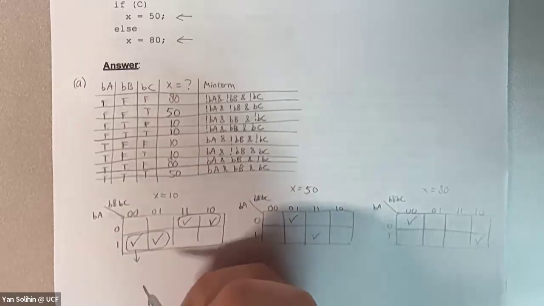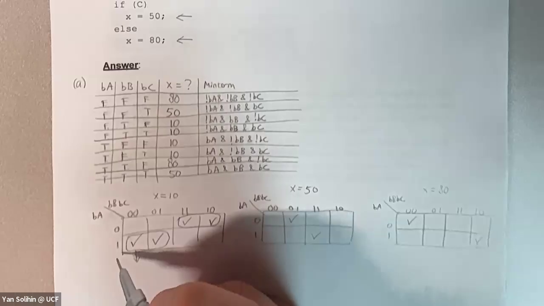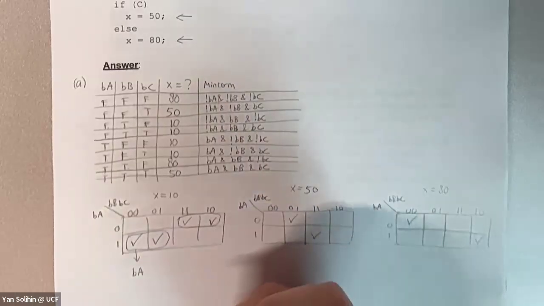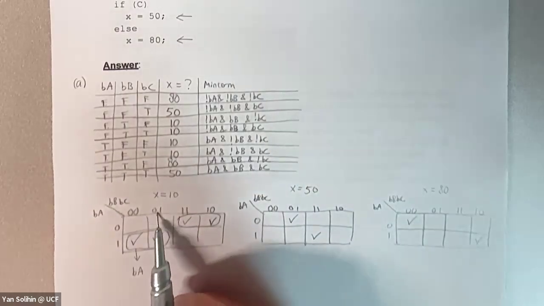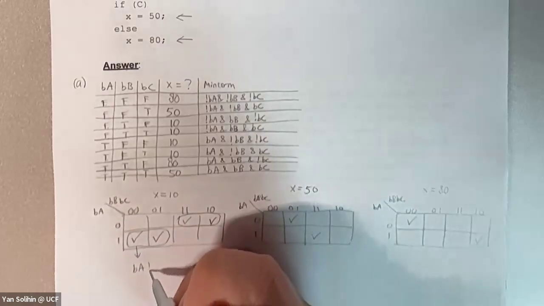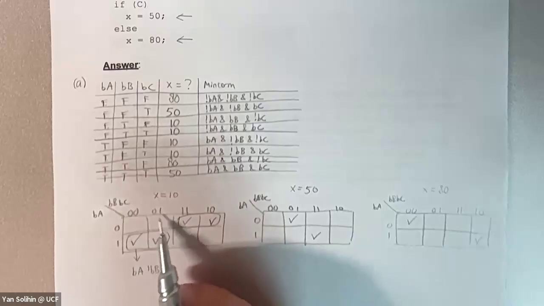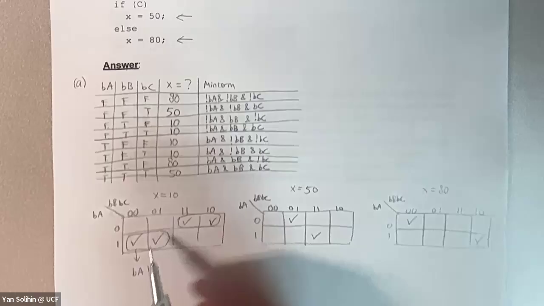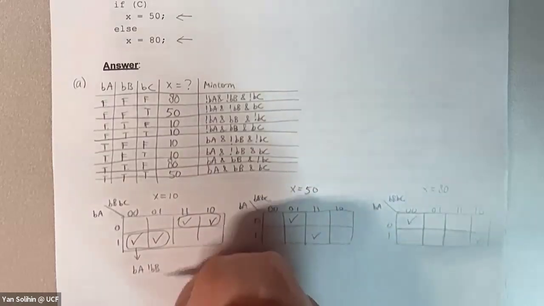Here, what is the term? Well, it contains BA because BA is 1. And then it contains not BB because BB is always 0. It does not contain BC because, regardless of the value of BC, we have 2 cells like this.